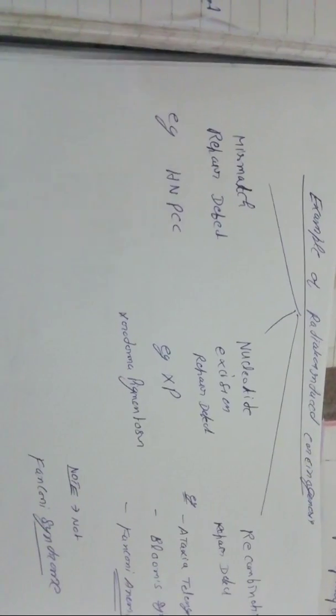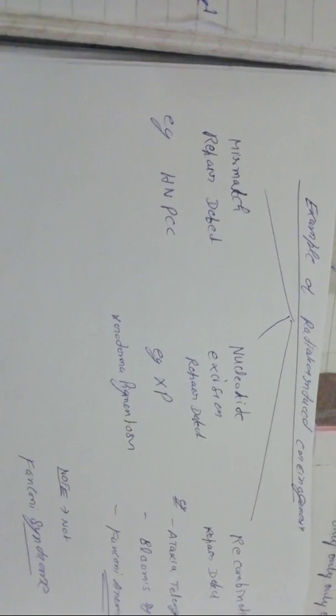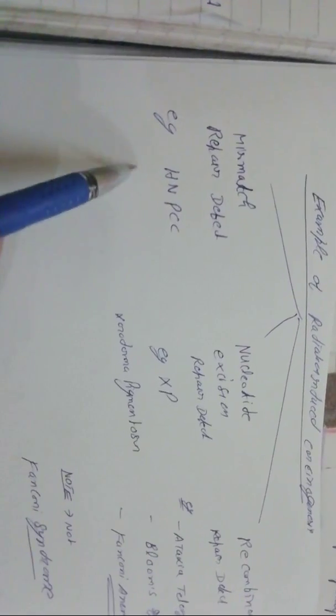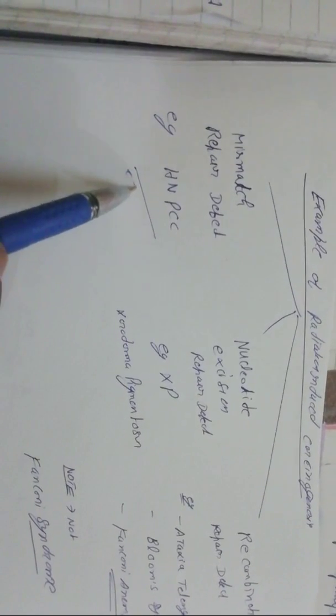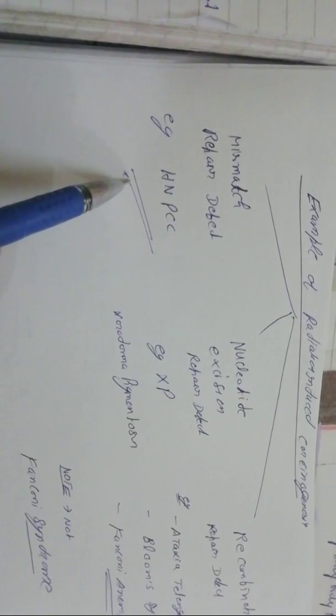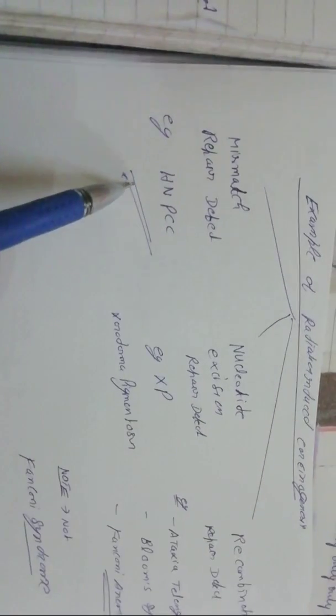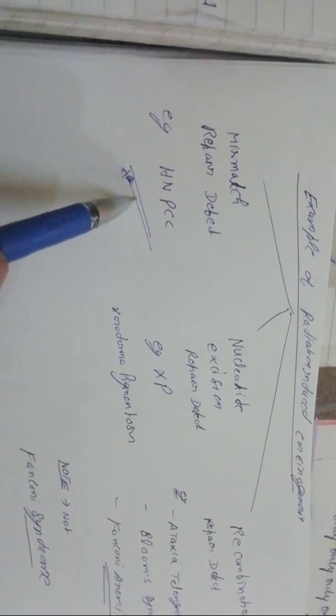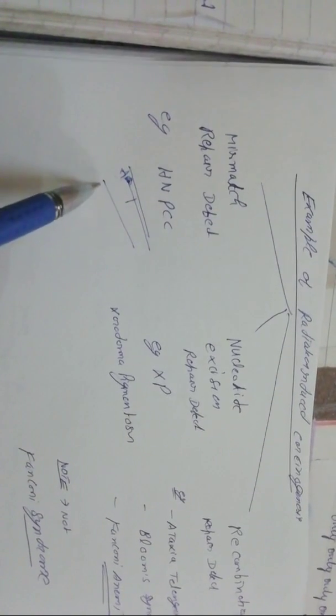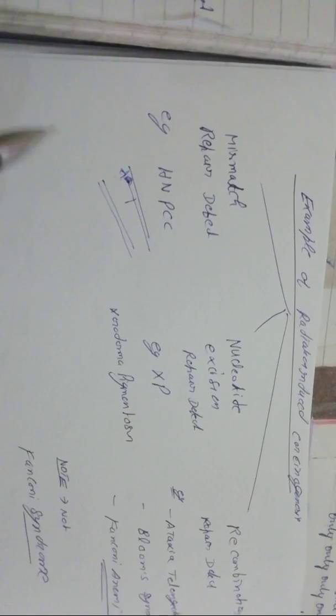The first will be the mismatch repair gene. Suppose if this is the DNA here, and this is the complementary DNA, and at this point it is a mismatched pair, right? Normally this mismatch is cut, and then the new DNA is formed. It's a normal mechanism.